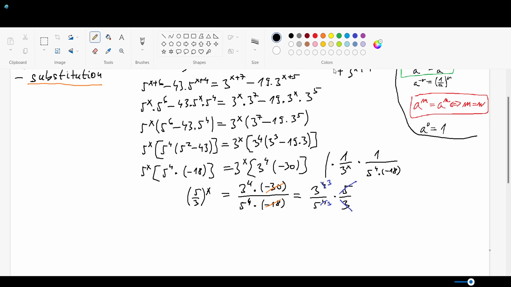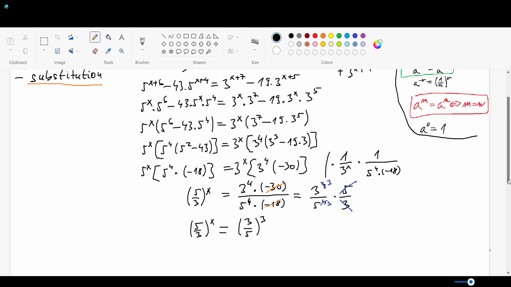So after doing these simplifications, after simplifying this super special tricky fraction, you will come to the equation 5 over 3 to the power of x is equal to 3 over 5 to the power of 3. And I'm pretty sure that if you have seen my previous videos, you can see very easily.